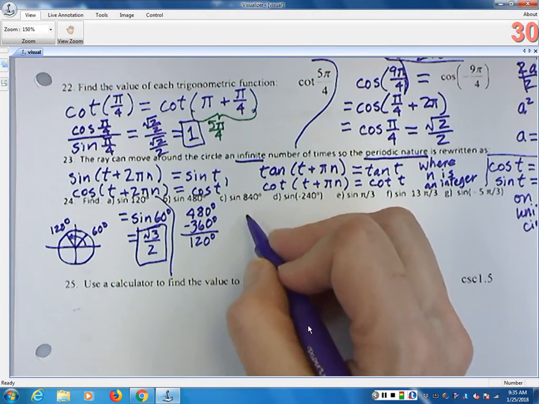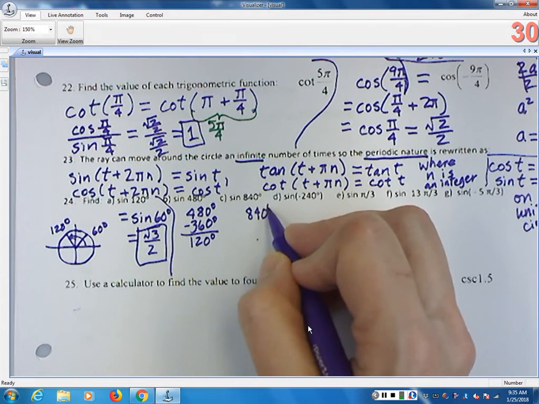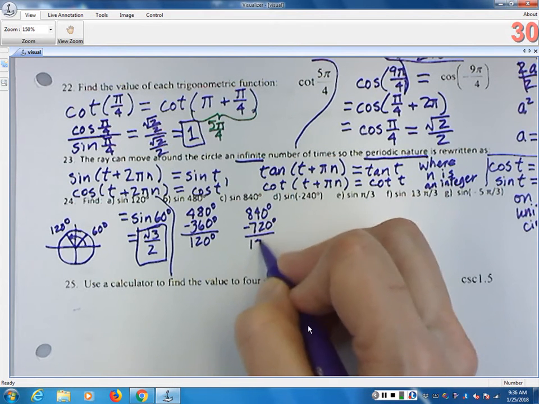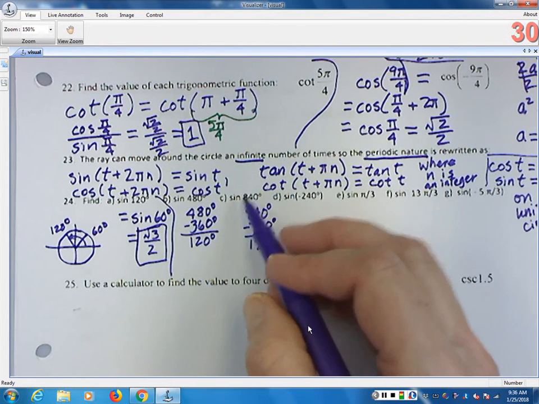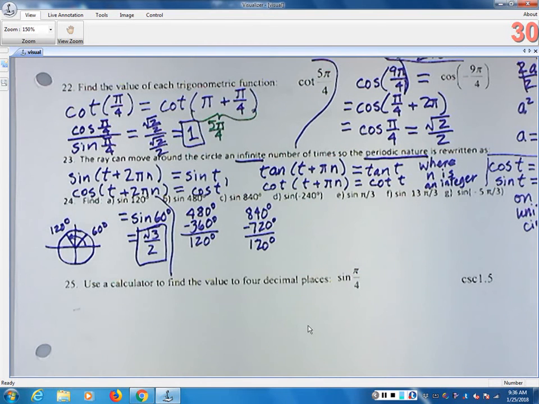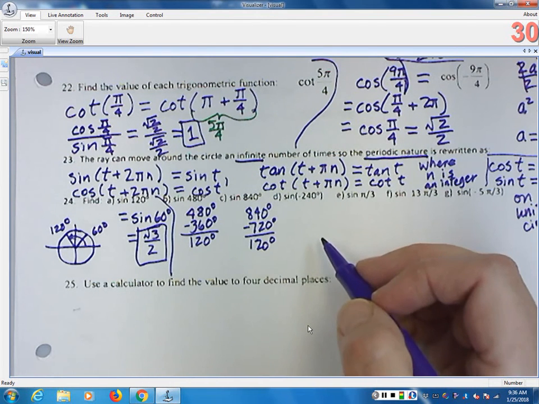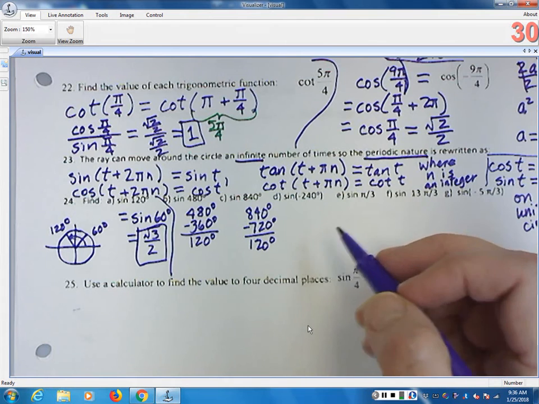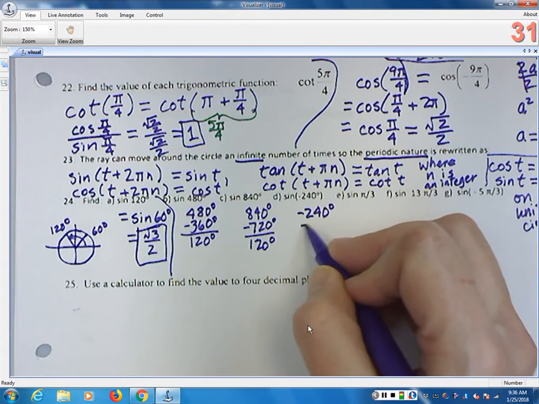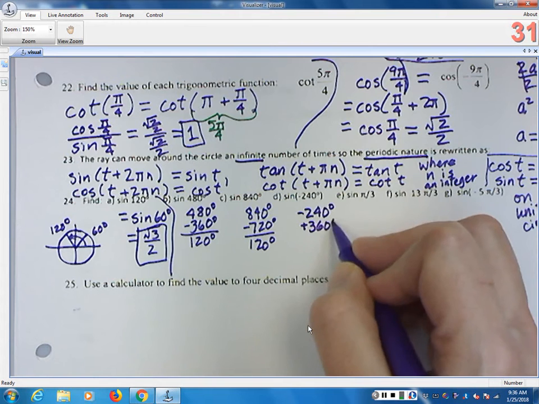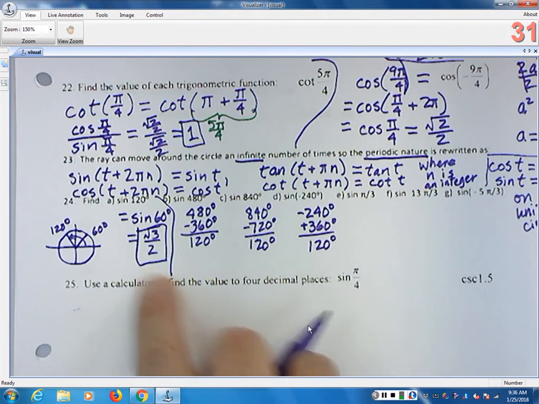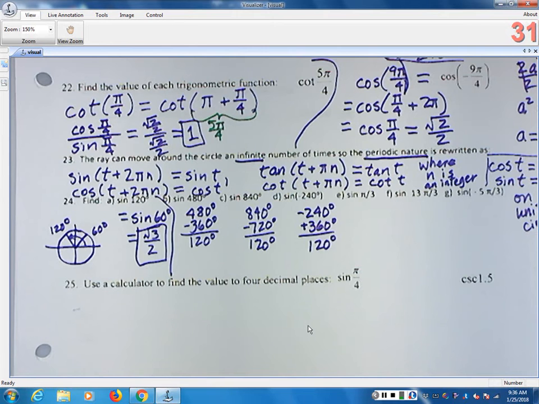If we take 840 degrees and we subtract 720, we get 120 degrees. So sine of 840 is sine of 120, which is sine of 60. Sine of negative 240. We just take negative 240 and add 360 degrees to it. Guess what we get? 120 degrees. Same answer.